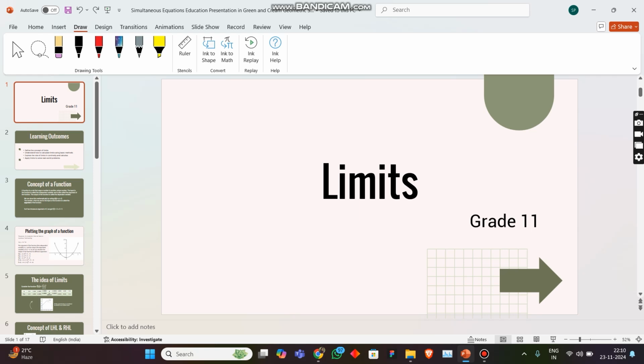The idea of approaching something, getting infinitely close to a value without necessarily reaching it, is the essence of what we call a limit. So, what is the definition of limit? The idea of approaching something, getting infinitely close to a value without necessarily reaching it. We will learn it in different slides.